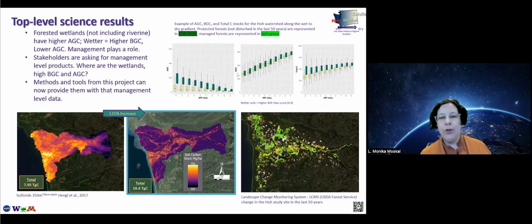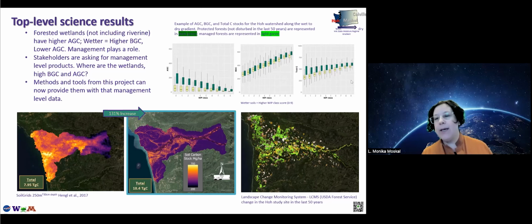When you get to below ground carbon, the story starts to be a little bit different. So disturbed areas and managed forests versus undisturbed areas tend to have more below ground carbon as they change in their wetness.